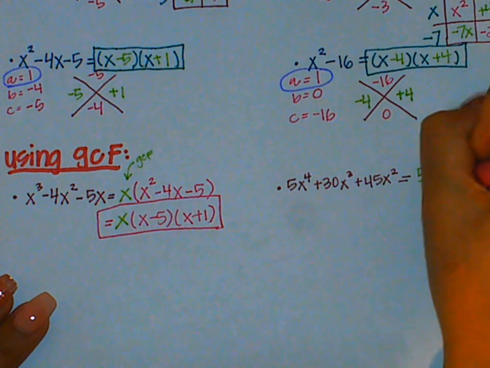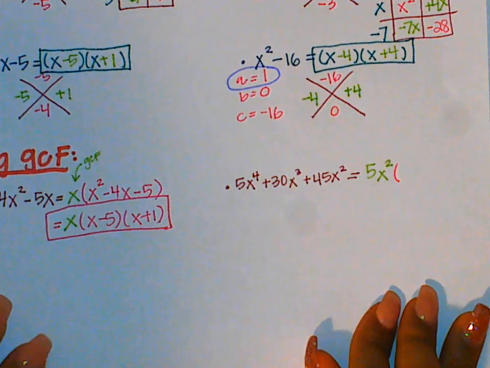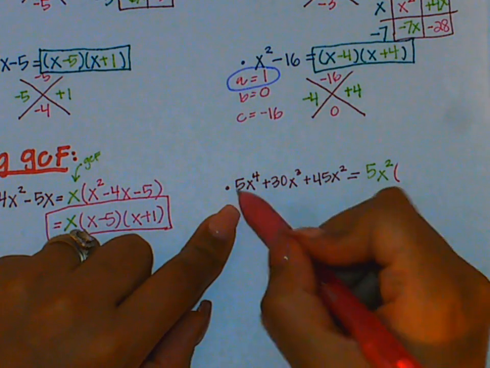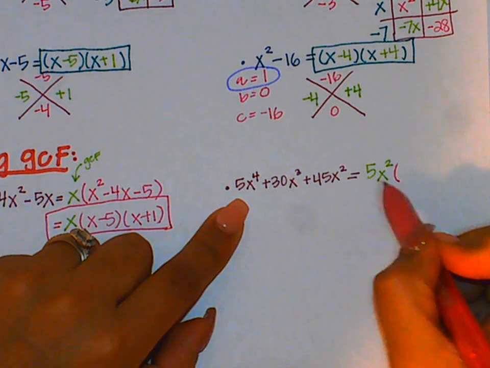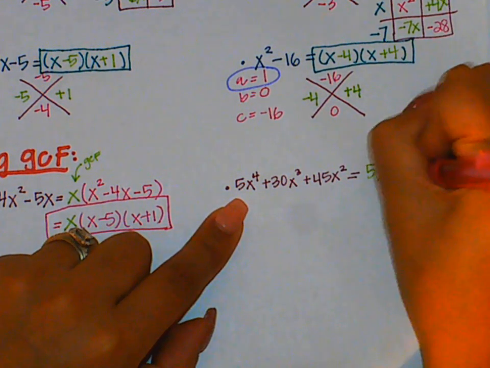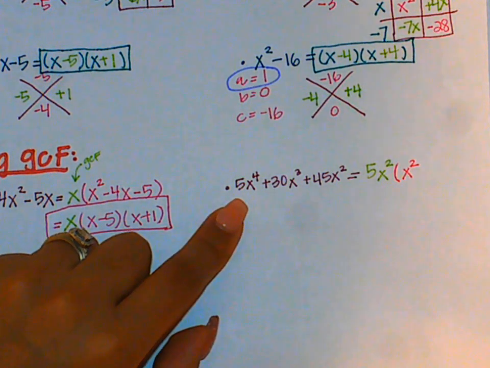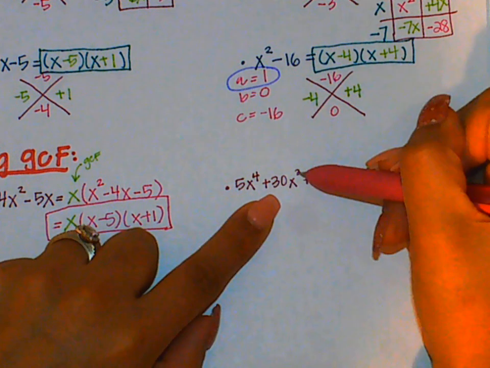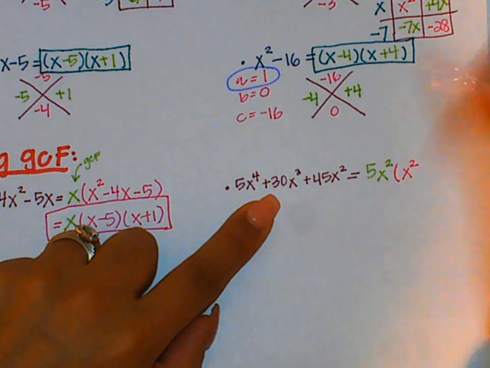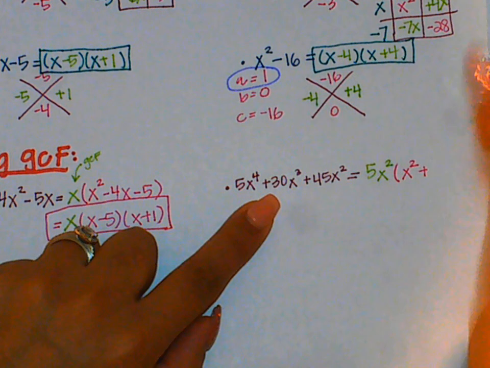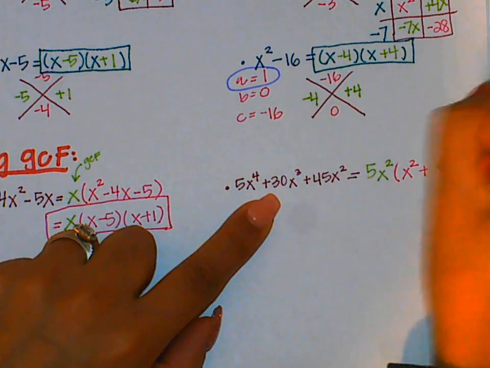What I am left with here would be, so if I had 5x to the 4th and I pulled out a 5x squared, I would be left with x squared. If I had a 30x cubed and I pulled out a 5x squared, I would be left with plus, so 30 divided by 5 would be 6.